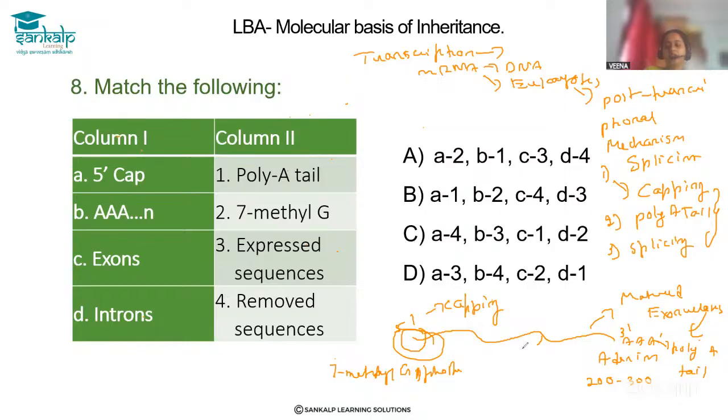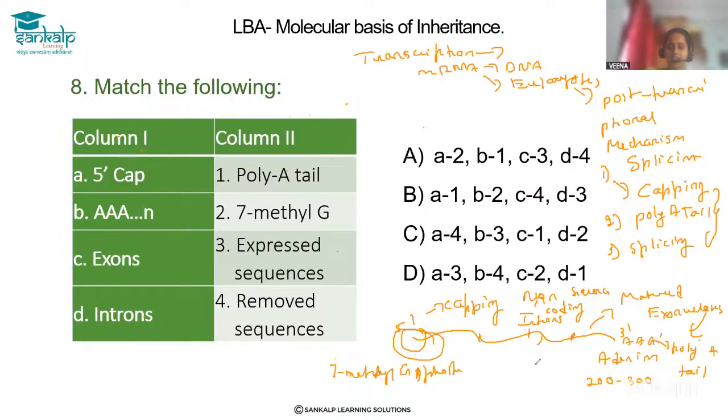And then the splicing. In between the mRNA strand, there will be introns, which are non-coding sequences. These non-coding sequences have to be removed from the mRNA because the mRNA will contain only coding sequences.